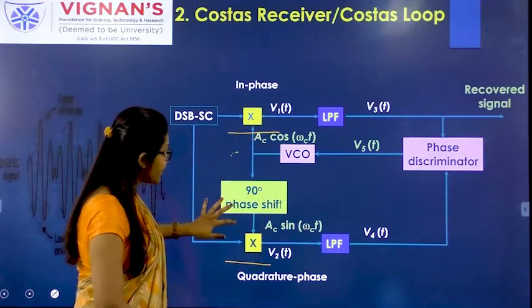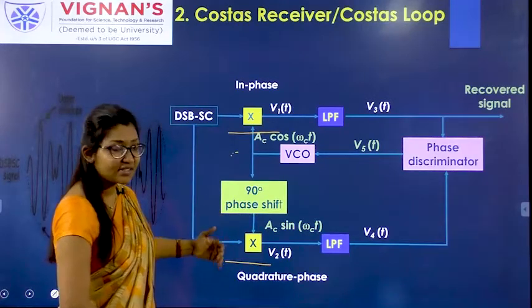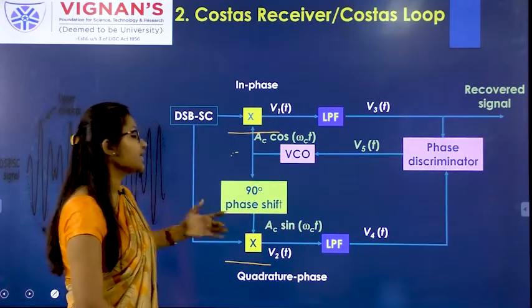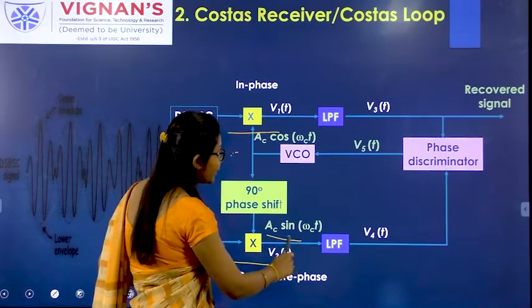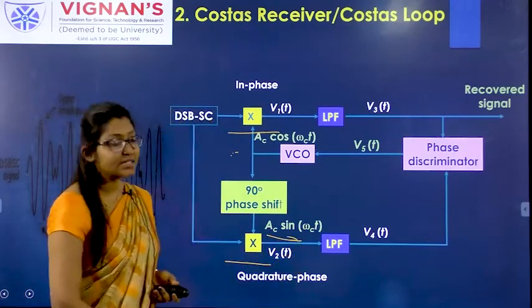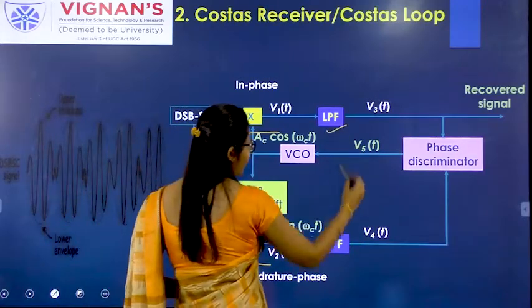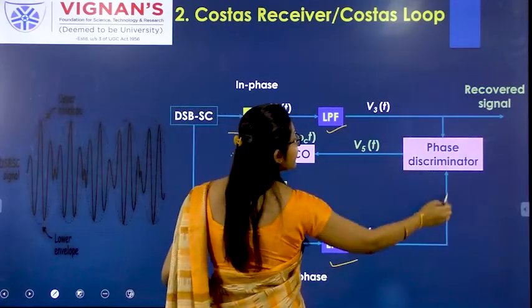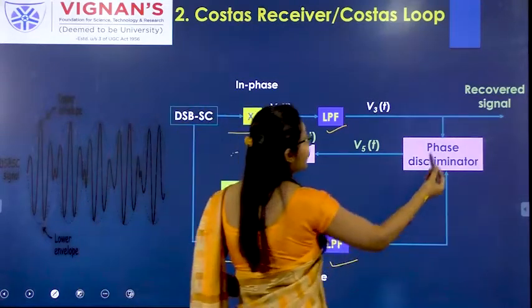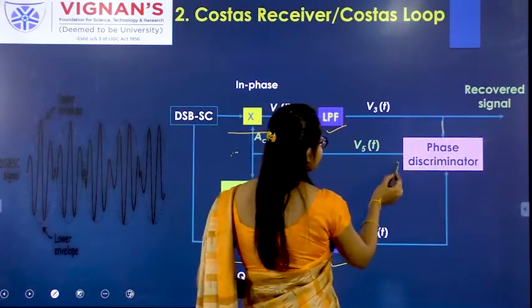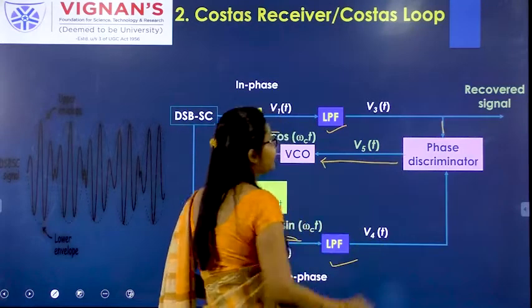The same carrier signal we are giving to the second coherent detector with 90 degrees phase shift. So with the 90 degrees phase shift, your carrier will change to Ac sin omega ct and it will pass through low pass filters, and finally there is a phase discriminator, right? That phase discriminator output we have given to the VCO.